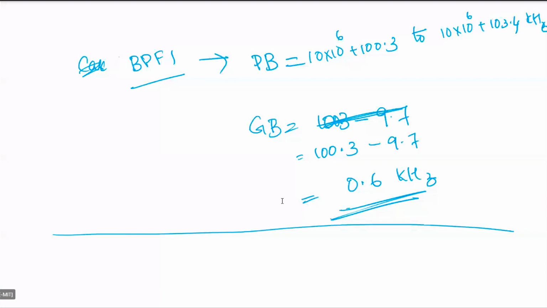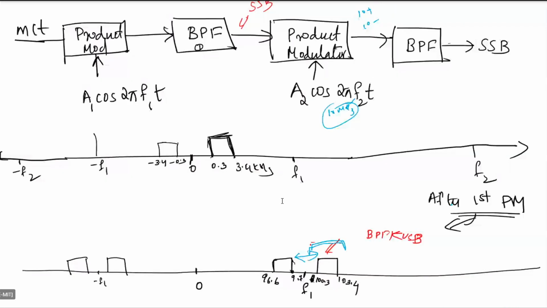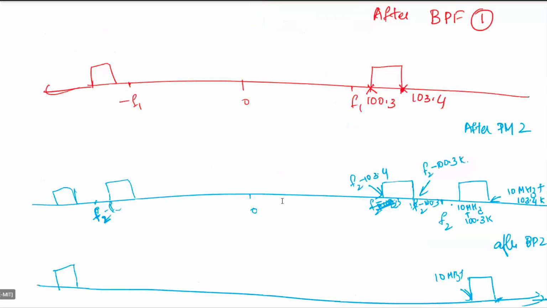Now for bandpass filter 2, the pass band is from C. Sorry, first one is 100.3 to 103.4.